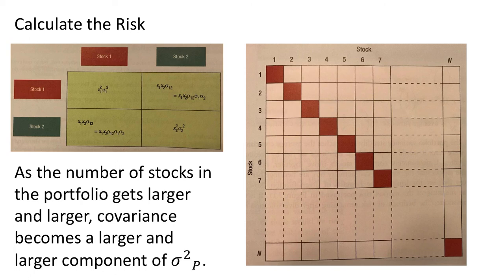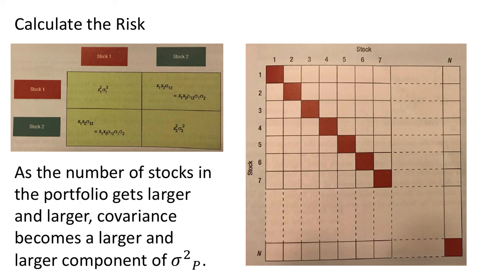In the bottom right of that 2x2 matrix, we have the percentage invested in the second stock squared times the variance of the second stock. And in both the bottom left and upper right, the non-diagonal numbers are exactly the same. They are giving you the covariance between the two stocks.